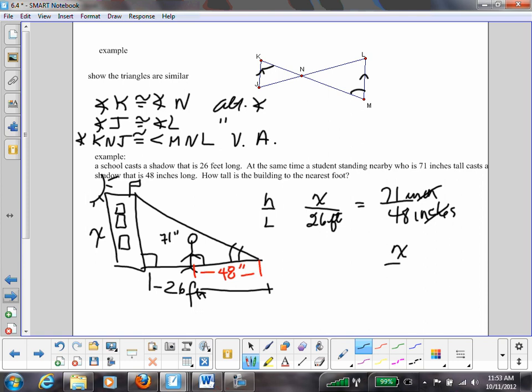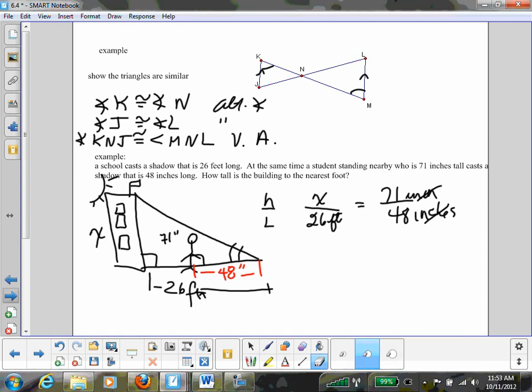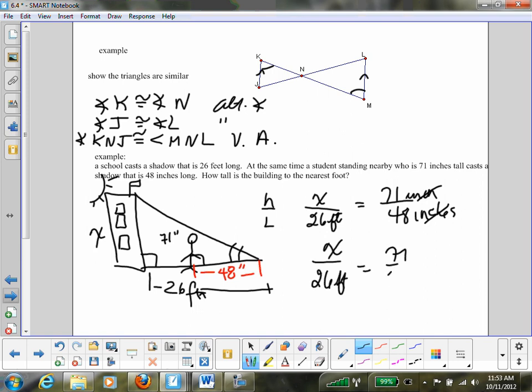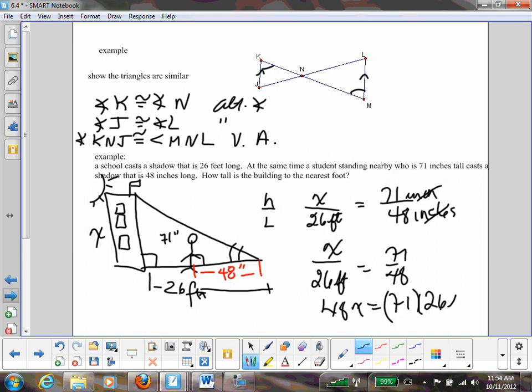Well, doesn't x over x cancel? So anything over itself, units included, can reduce down and get canceled. All right. So that leaves us with simply x over 26 feet is equal to 71 over 48, which means 48x is equal to 71 times 26 feet, right?